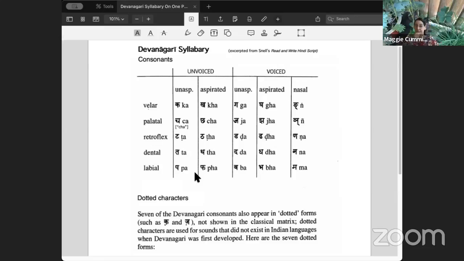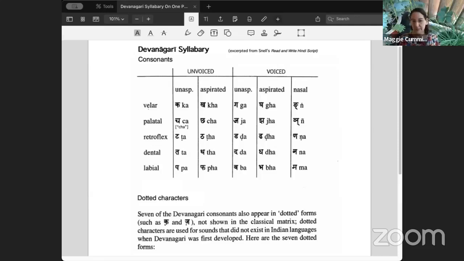Ba as in boat, that is used in English, or bakri, goat. Baba also, ba. Bha, as Hindi speakers say for bear, bhalu. That's all bha.